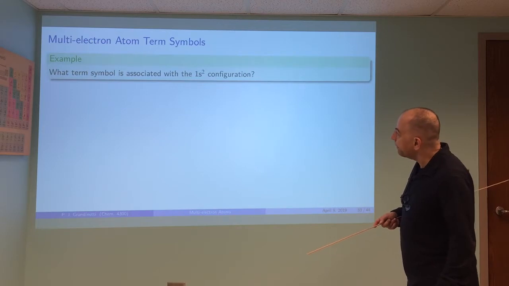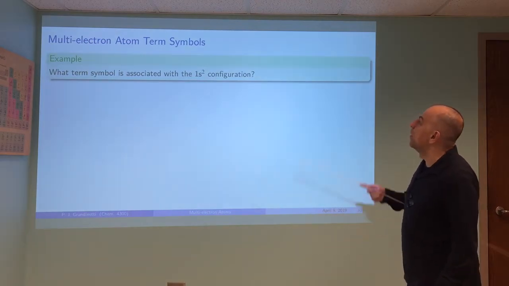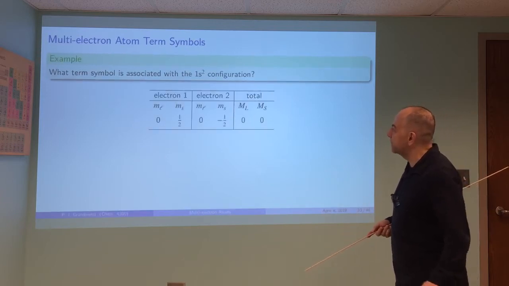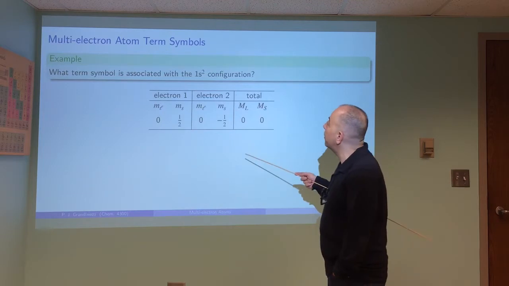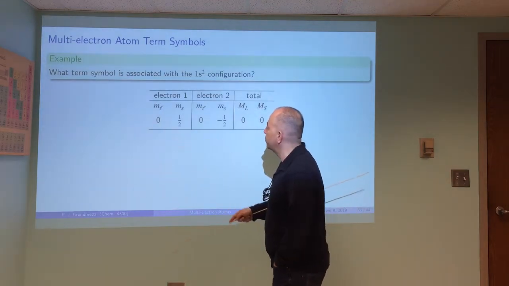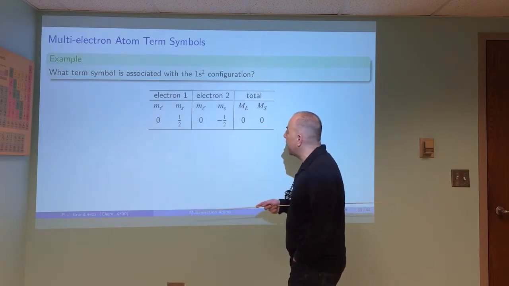All right, so let's jump right in, take a quick example here. What if we have a 1s2 configuration? What's the term symbol for that? Okay, so if I wrote down what we know about that system, well, we know that m sub L is equal to 0 for the first electron, and this m sub S value would say equal to half.